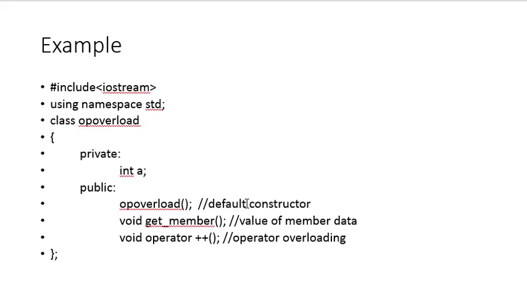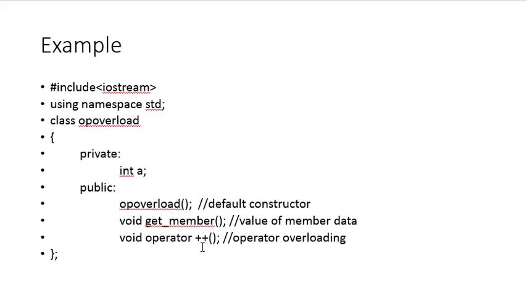Now this is the function used for operator overloading. As we studied in the definition, this function has a return type and the word operator, and after that you use whichever operator you want.